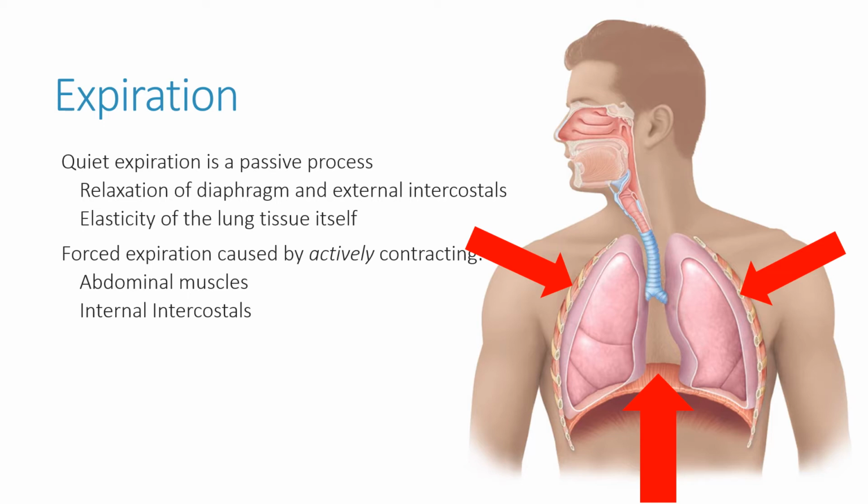And our internal intercostals contract to pull the rib cage down and in. This movement up from the diaphragm and down and in from the rib cage reduces the space in our thoracic cavity, greatly increases pressure, and forces a larger breath out when we're trying to do something like blow out a candle or blow up a balloon.